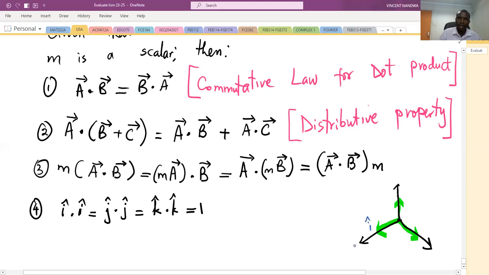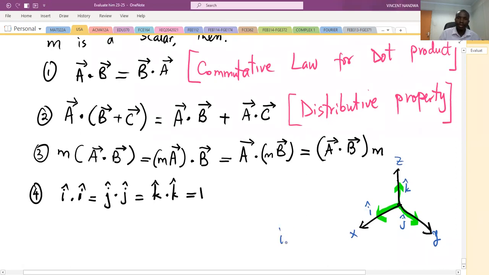So the X, Y, Z axes. If you are to find i dot i, the magnitude of i times the magnitude of i, cos of the angle between i and i, which is 0. So cos 0 is 1, so 1 times 1 times 1 is 1. Similarly, for j, the angle between j and j is 0. So cos of 0 is 1. So the magnitude of j is 1, the magnitude of j is 1. So j dot j is 1. Similarly, k dot k is 1.